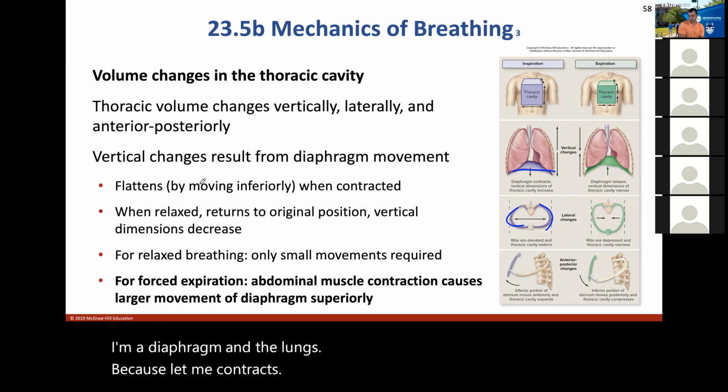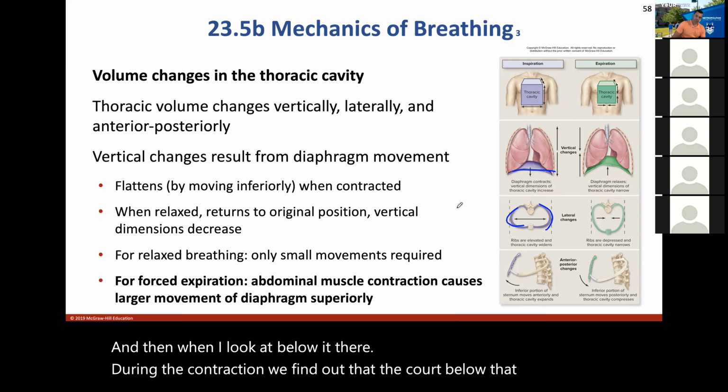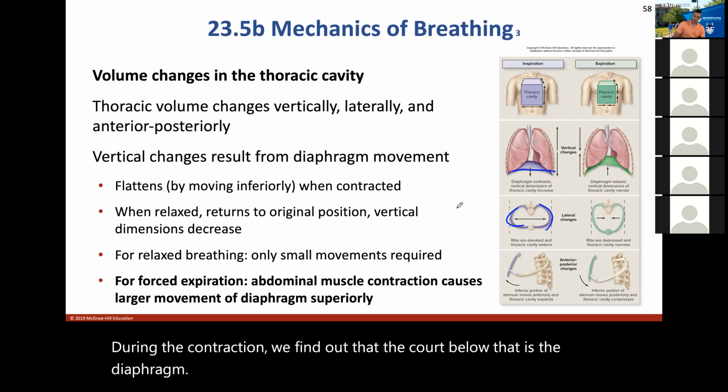And then when I look below it, during the contraction, we find out that the curve below, that is the diaphragm, is like depressed.